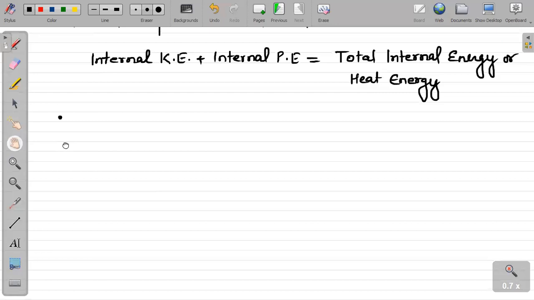It depends on, number A, quantity of heat imparted or rejected from the body. Second one is material of the body.